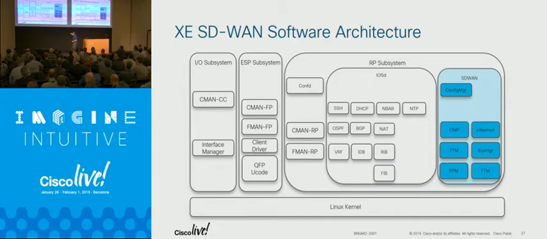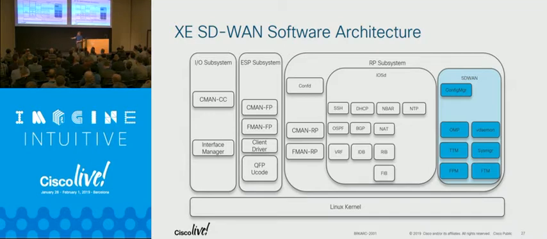And vDaemon is the process responsible for setting up those tunnels, acting as a tunnel endpoint. That tunnel is TLS encrypted, so the vDaemon will do all the encryption and decryption. Every other control message will go inside this tunnel, including OMP, Overlay Management Protocol.